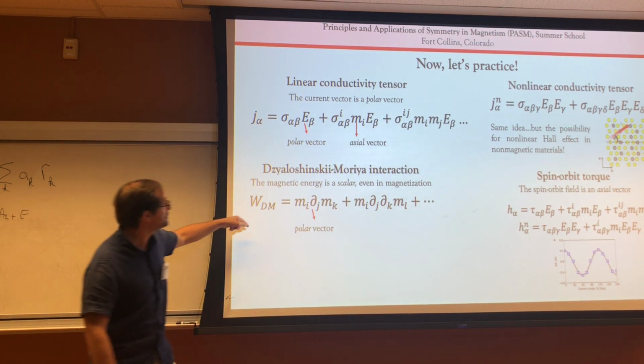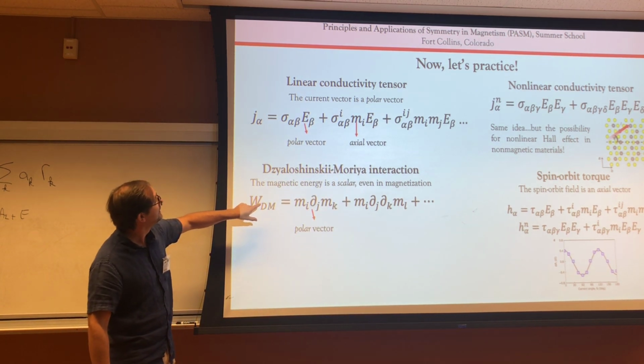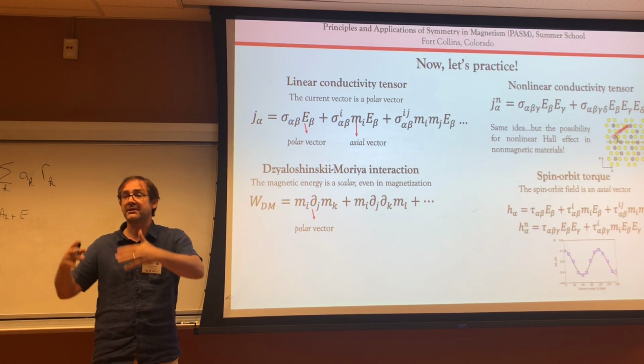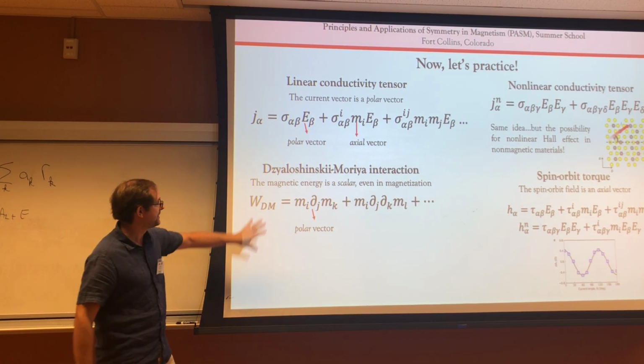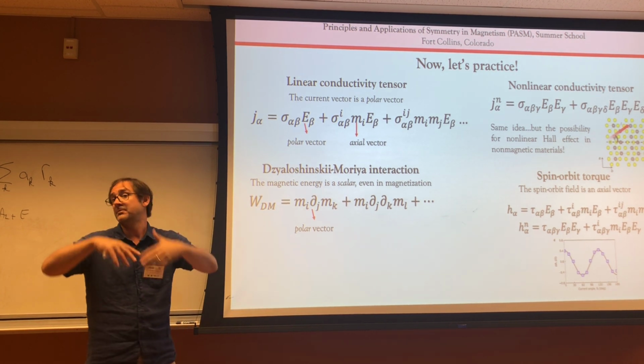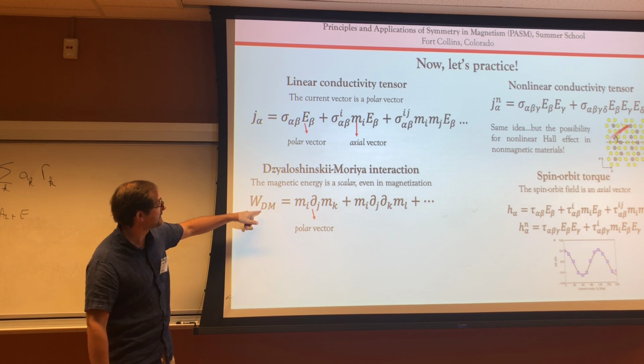For the Dzyaloshinskii-Moriya interaction, we're going to do the same thing, but now we're going to be looking for a scalar, so an A1 or a gamma 1 representation, because that's an energy term, and the energy, of course, should be completely invariant upon all the operations of the system.